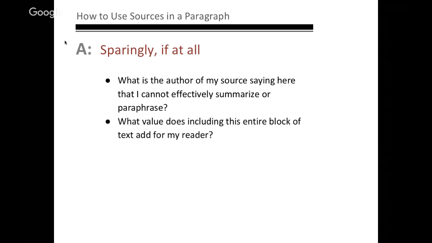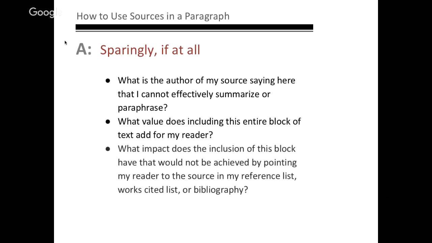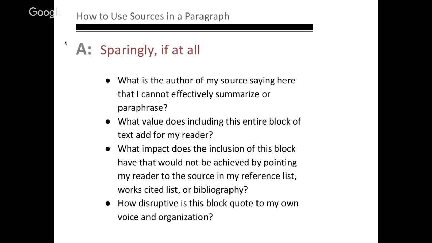What value does including this entire block of text add for my reader? 3. What impact does the inclusion of this block have that would not be achieved by pointing my reader to the source in my references list, works cited list, or bibliography? And 4, how disruptive is this block quote to my own voice and organization? There are certainly cases in which a block quote is justified.